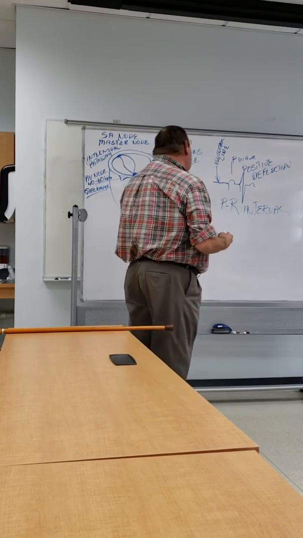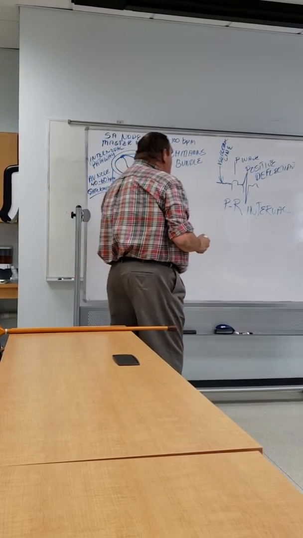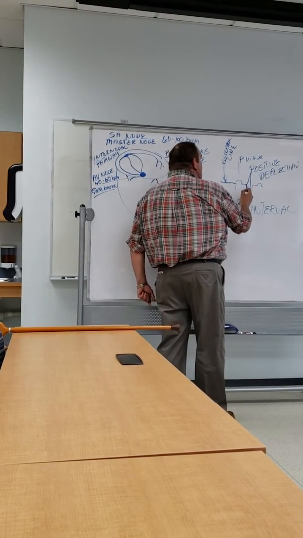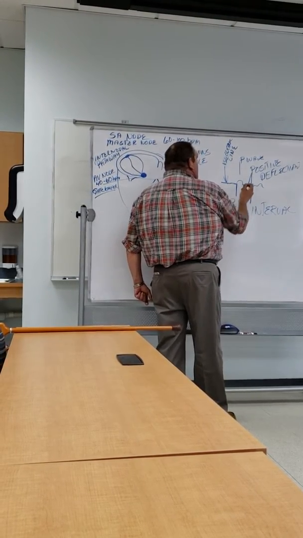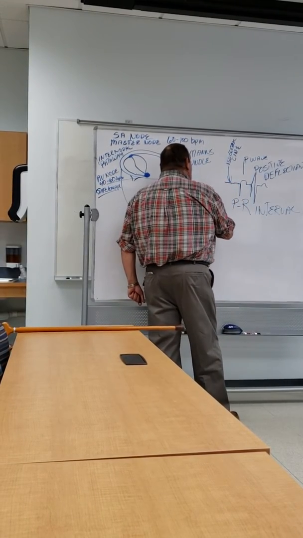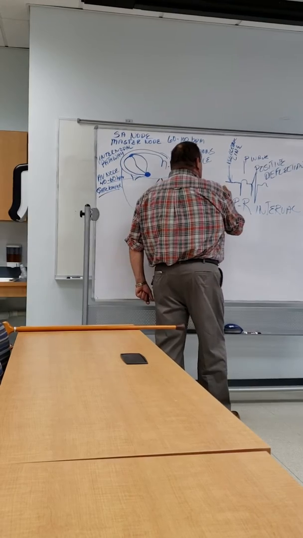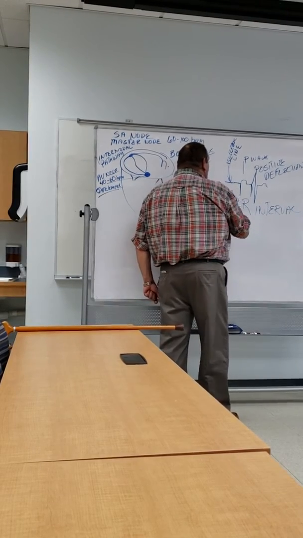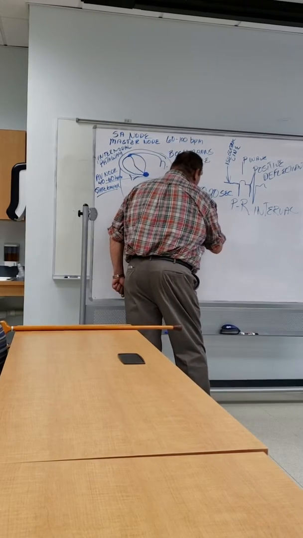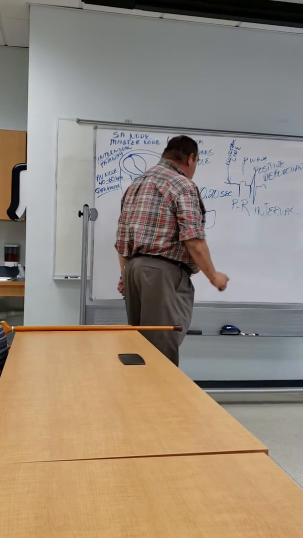Okay? So this distance, from the beginning of the P wave to the beginning of the QRS, should be no more than 0.20 seconds, or 1 big box.